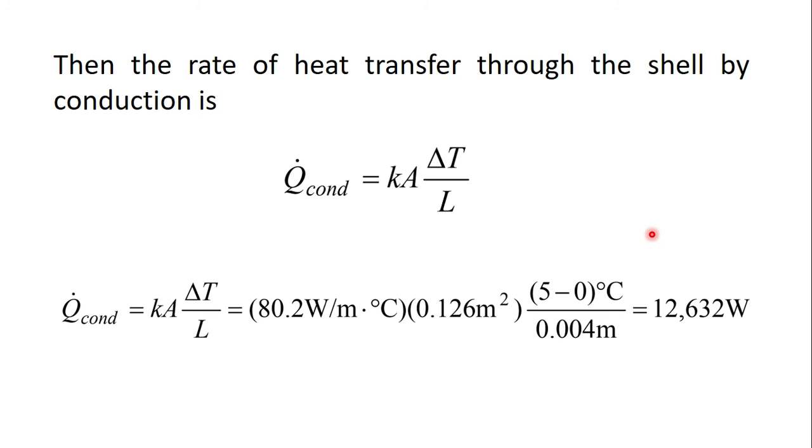The rate of heat transfer through the shell is mainly due to conduction, and we have to use this formula to determine the rate of heat transfer, and we have to put in all the values that we have so far. We have the thermal conductivity of the iron, we have the surface area, we have the temperature difference, and we have the thickness of the wall of the spherical container.